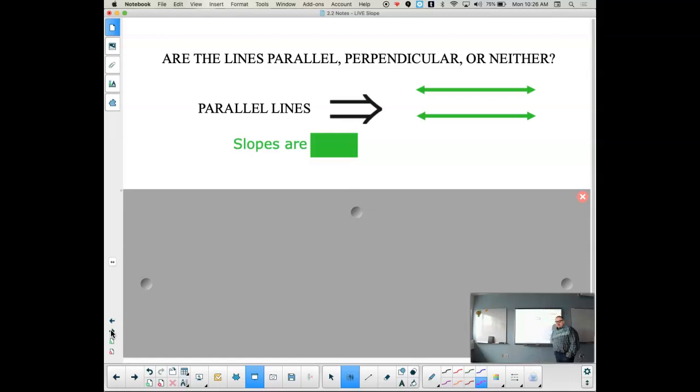Never, ever intersect. And if that is the case, their slopes are equal. They would always be equal. So the slopes of parallel lines are equal.